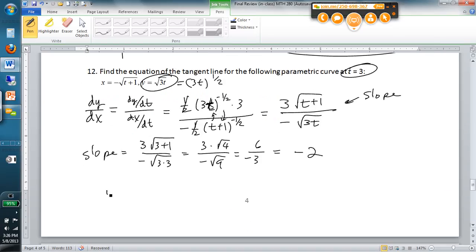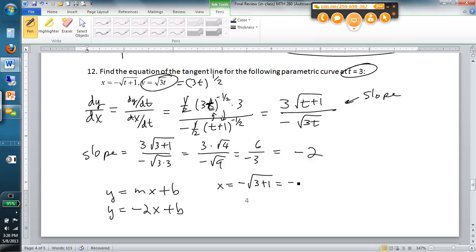The equation, y equals mx plus b, how do I get that? Well, m is negative 2. The b I need to figure out. And how do I do that? Well, I don't have x and y specified, but I can figure out x and y, can't I? At t equals 3, wouldn't x be negative the square root of 3 plus 1?